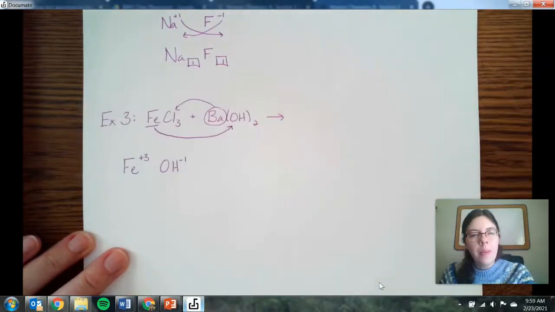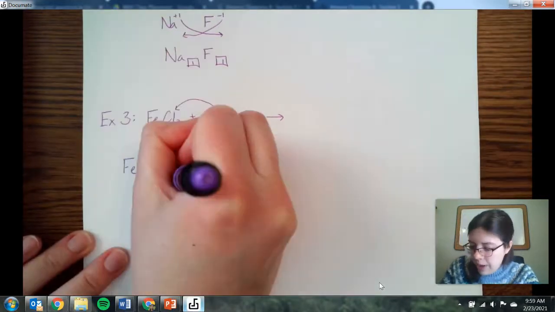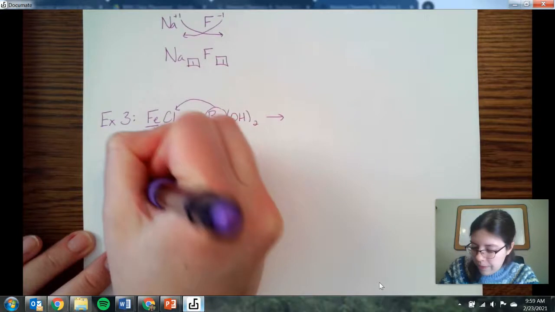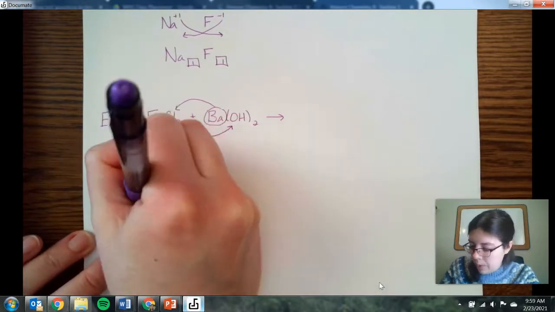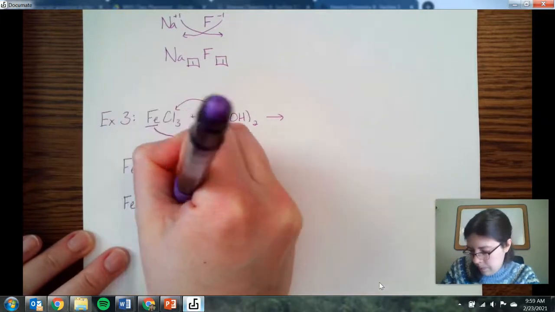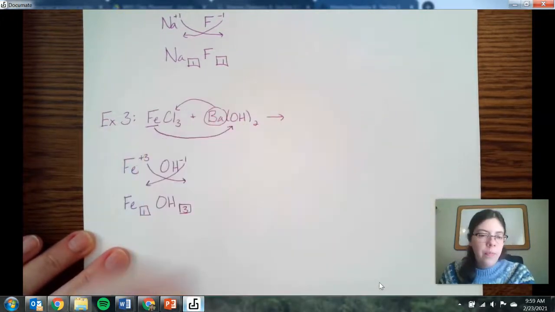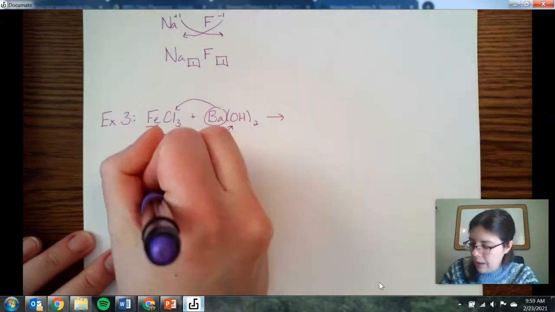Okay. So I'm going to take my numbers and go ahead and crisscross them. And if you need help figuring out that charge of the hydroxide, make sure you look back on your ionic compound notes. Okay, so since we have a 3 in the box, that applies to my polyatomic ions, we need to add parentheses.